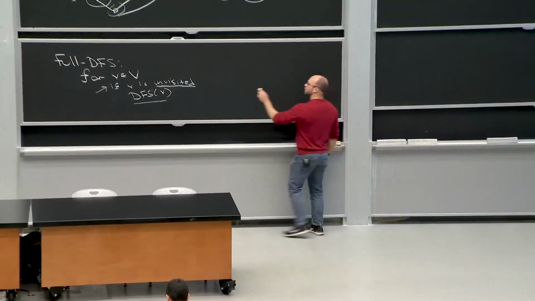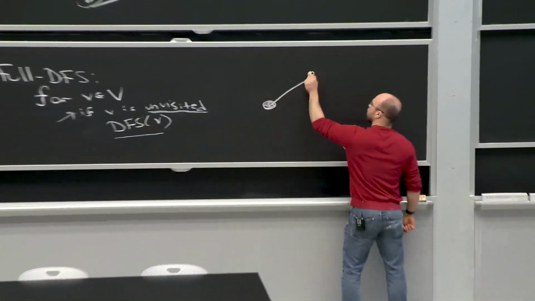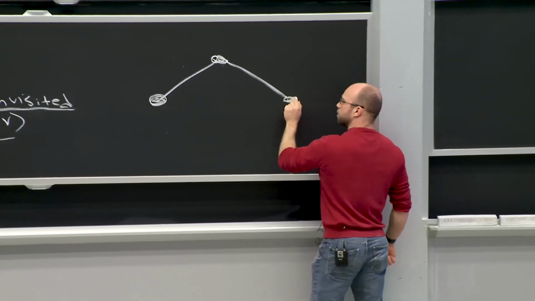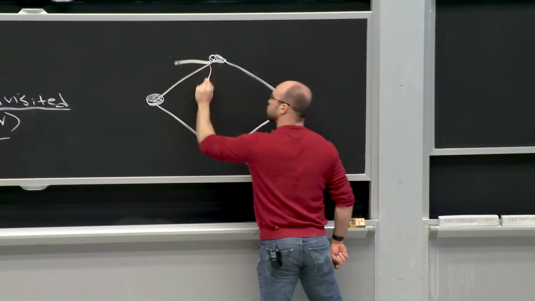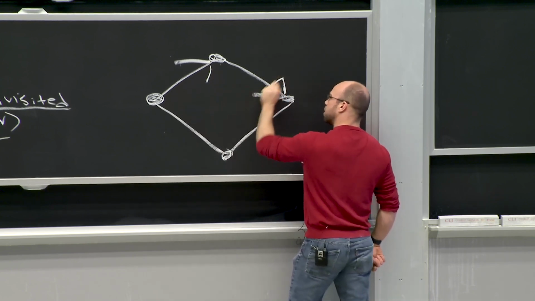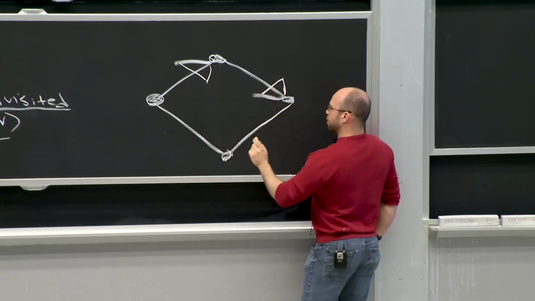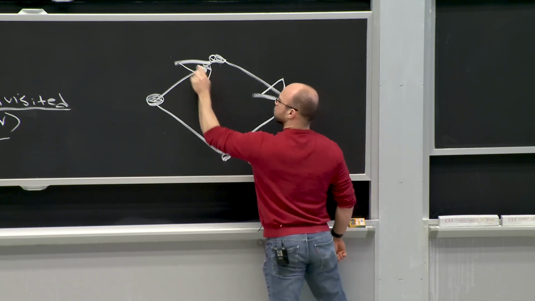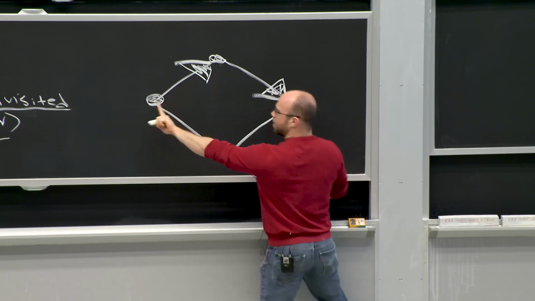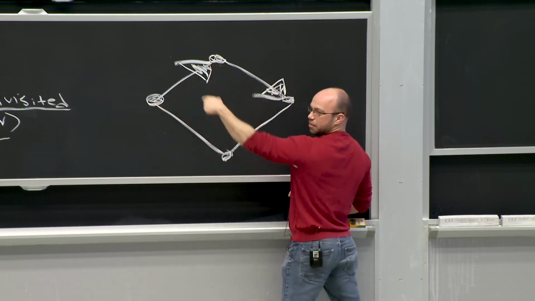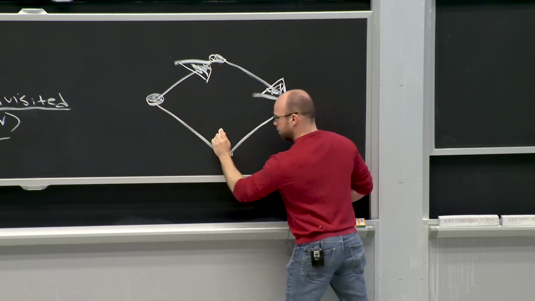Actually, the graph I gave you all the way at the beginning of lecture was secretly an example of one of these. Let's say that I have directed edges. Maybe if I make the head a triangle, that's a little easier to see. I'm going to have an edge up and an edge to the right, and similarly an edge down and an edge to the right.